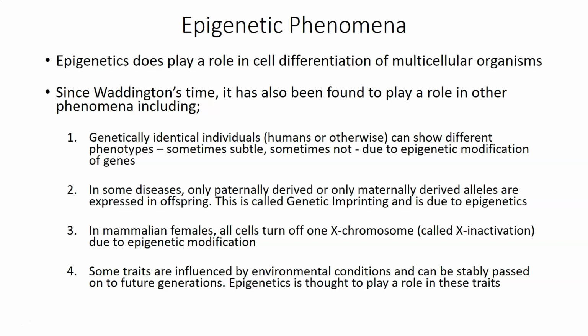In some diseases, it's been found that epigenetic modification is involved in passage of traits through alleles from one parent or the other. This is called genetic imprinting. I won't be talking about this in this module. The process of X chromosome inactivation in mammalian females is an epigenetic process, so we'll go through that in a little bit of detail.